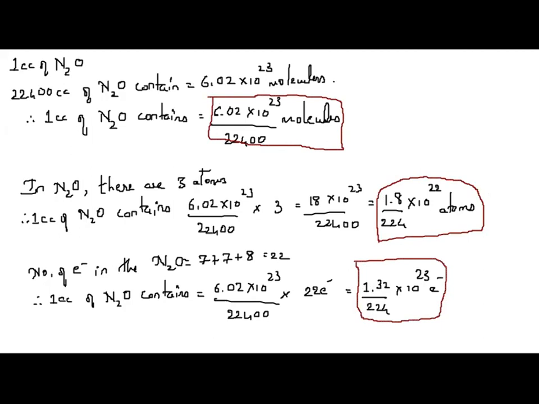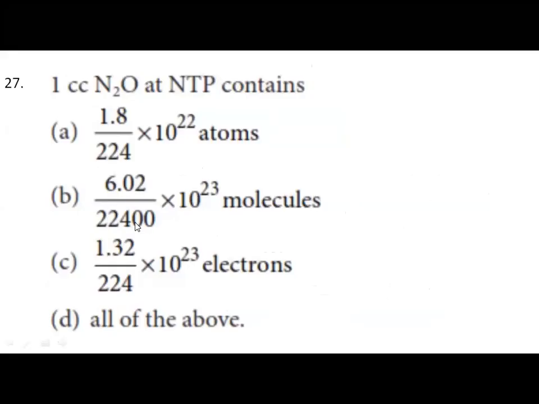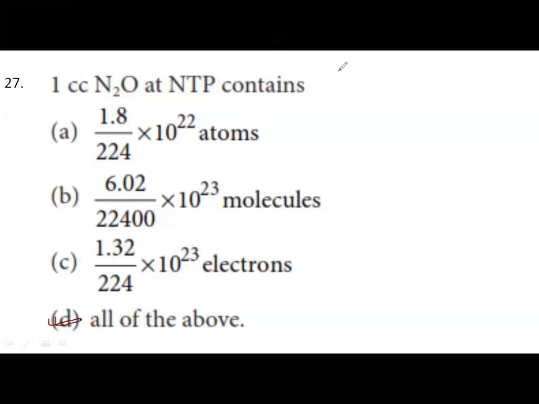So there are 6.02 divided by 22,400 into 10 raised to 23 molecules, 1.8 divided by 224 into 10 raised to 22 atoms, 1.32 divided by 224 into 10 raised to 23 electrons. So what is the correct option? The correct option is all of the above. So in such questions, when all of the above or none of these comes to the context, please make sure that you have checked with all the options, students.